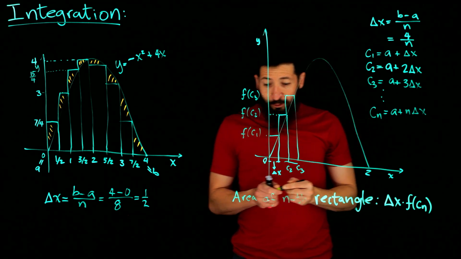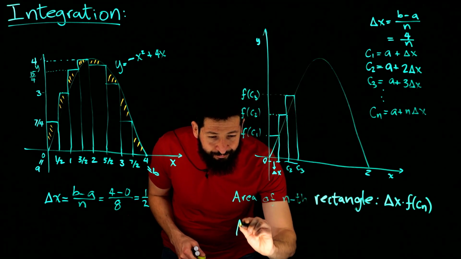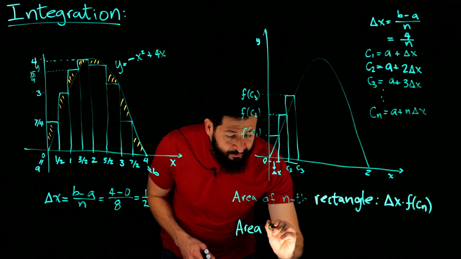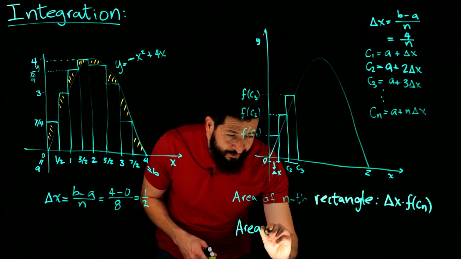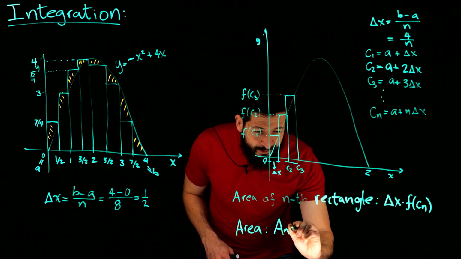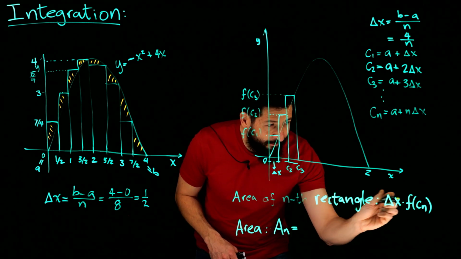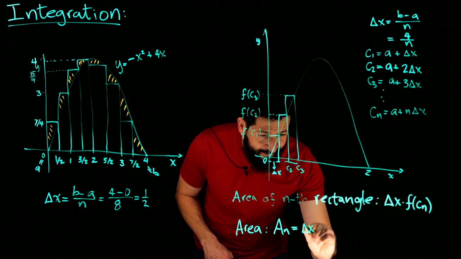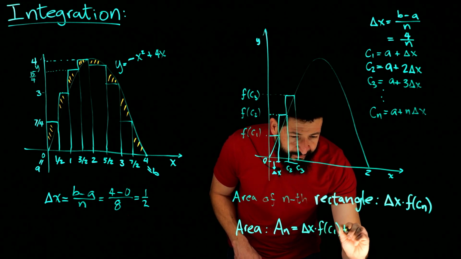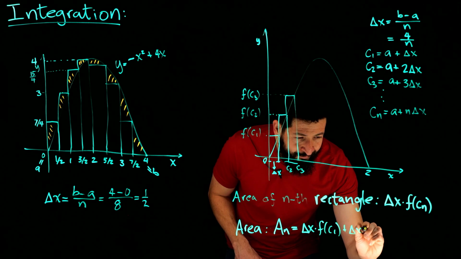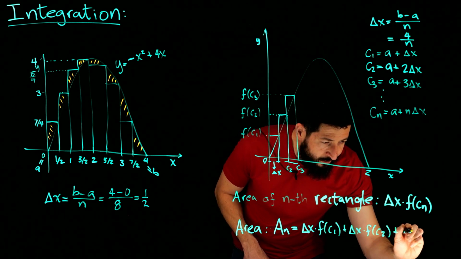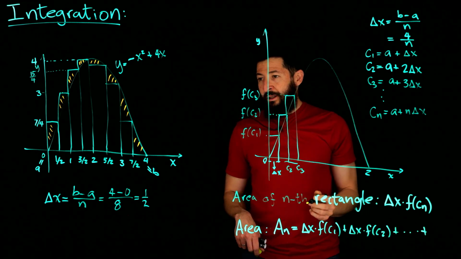So whenever you want to compute the area of the sum of the rectangles, you're going to be approximating it by saying A sub n is going to be given by the area of the first one, delta x times f of C1, plus the area of the second, all the way to the last one.